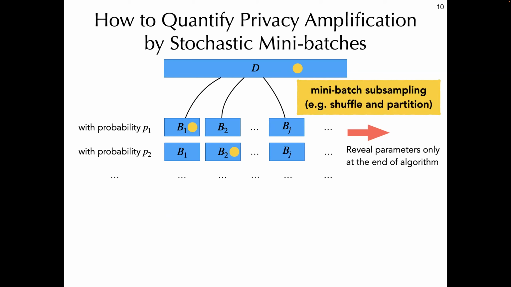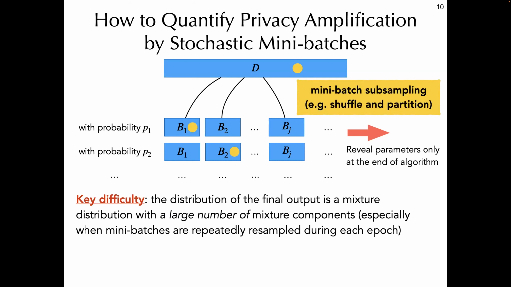And then if we want to quantify the privacy cost, the key difficulty is that this distribution of final output is now a mixture of a large number of components, where each component is the conditional distribution of the output given one minibatch sequence. And this number of components is large, especially when the minibatches are repeatedly resampled during each epoch, so that there will be combinatorially many possible minibatch sequences.